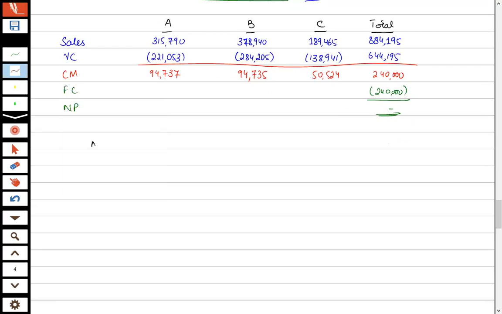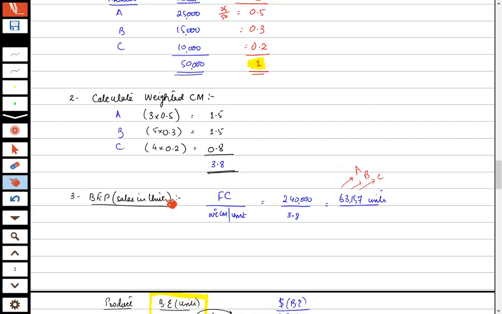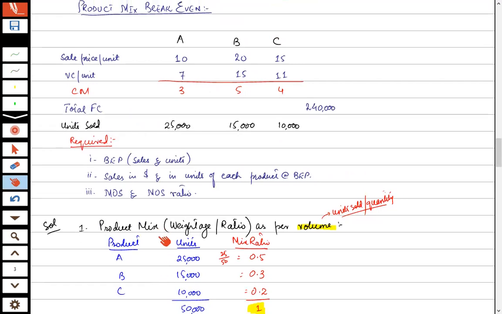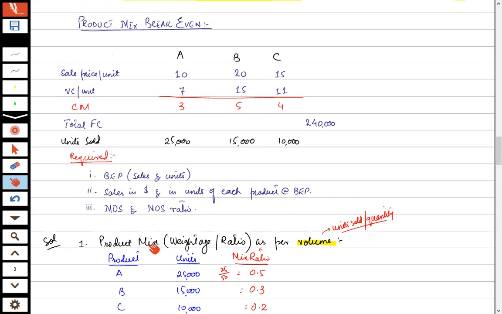Now we have one more requirement, that is MOS and MOS ratio. So MOS, margin of safety, would be sales minus break even sales. How much are the total sales? For total sales, what we have to do? This multiplied by this plus this multiplied by this plus this multiplied by this. It can be done in one go on a scientific calculator.